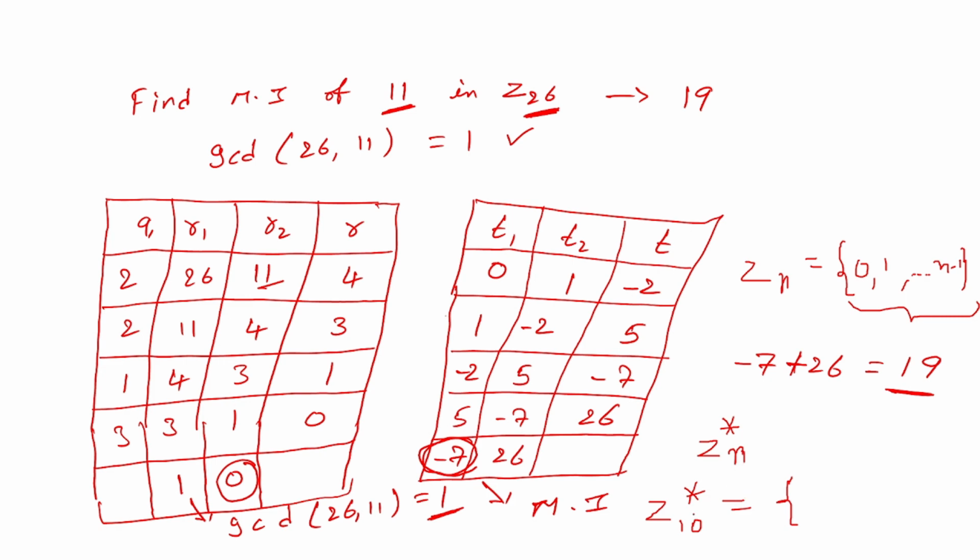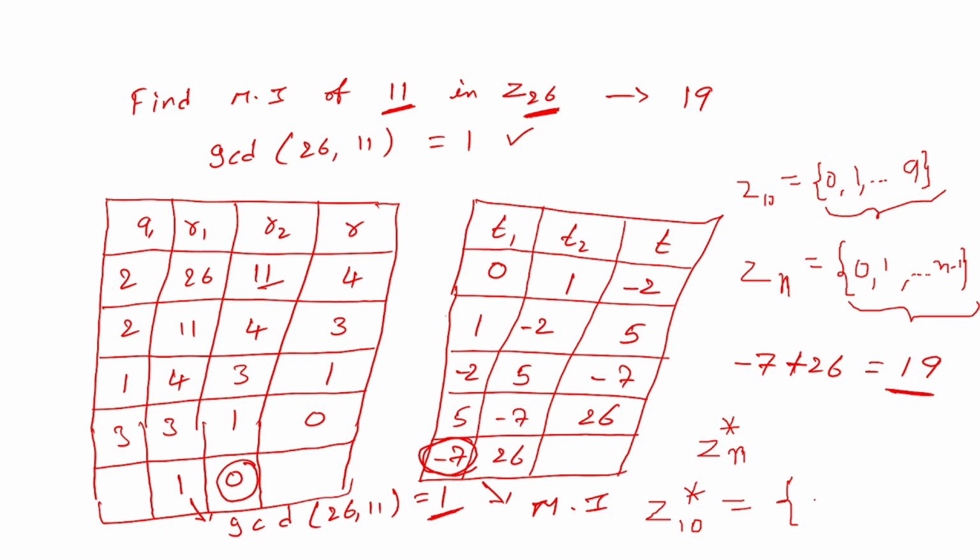So here Z10 star means Z10 is equal to 0, 1 and so on, 9. This is Z10. From these values, whatever the values that contain multiplicative inverses, it is called Z10 star.